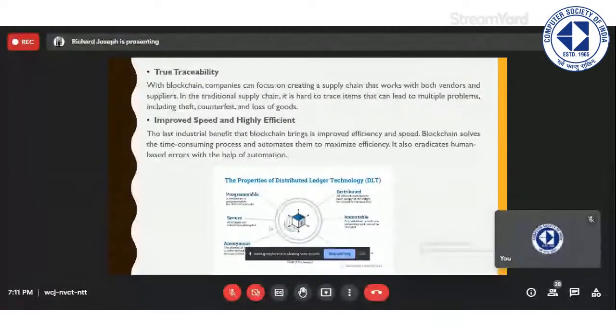But in this case, because of that special property, all the data is stored and cannot be manipulated. So we know exactly the correct data, how the product went from its origin to how it has landed in our hand. Everything is stored.